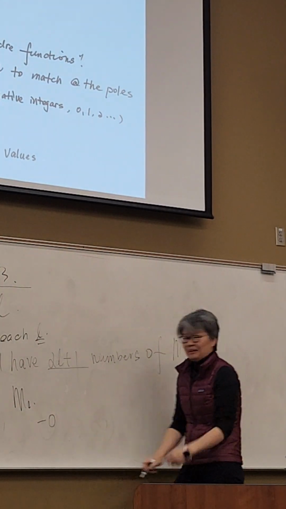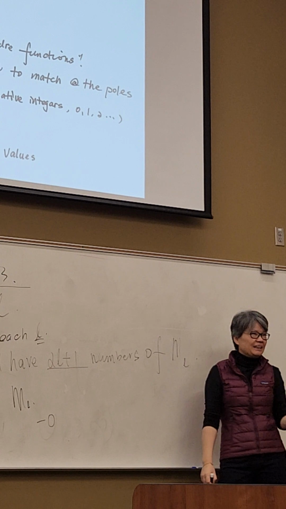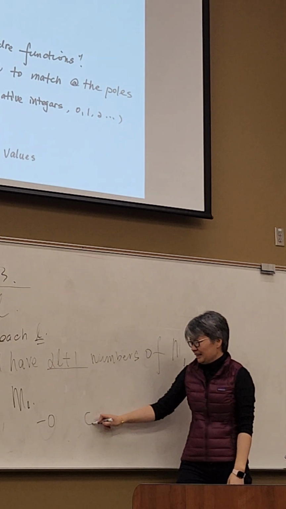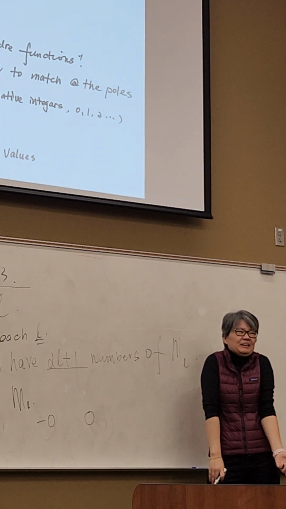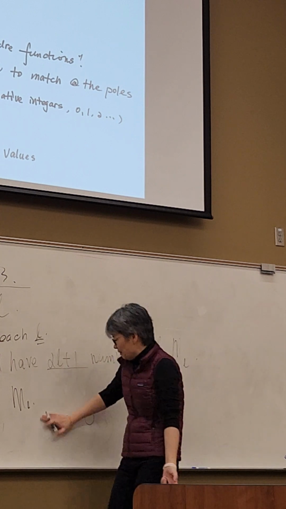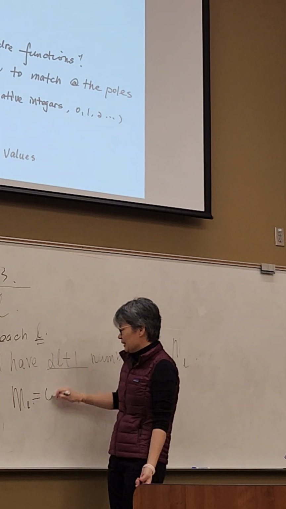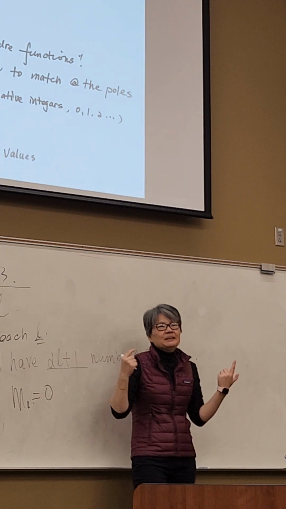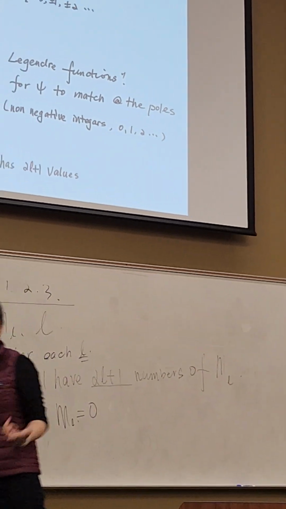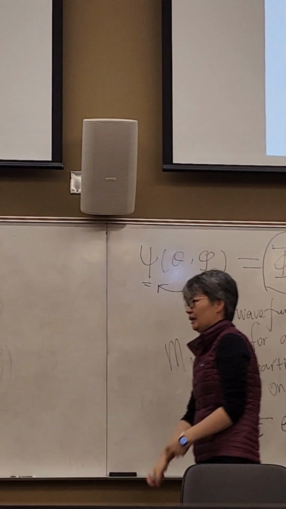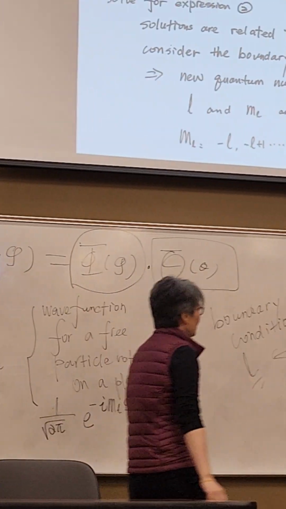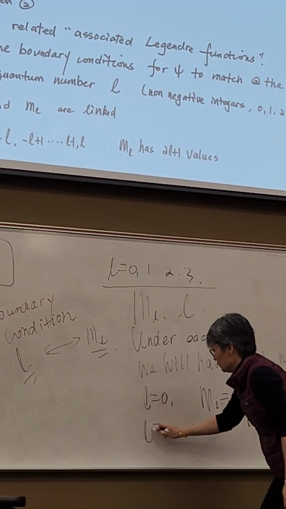So just for the sake of practice, from 0 to negative 0. Do you have anything else? No. So what is the m sub L value going to be? 0. Only 0. The value is 0 for the quantum number m sub L. Now, what if L equals 3?